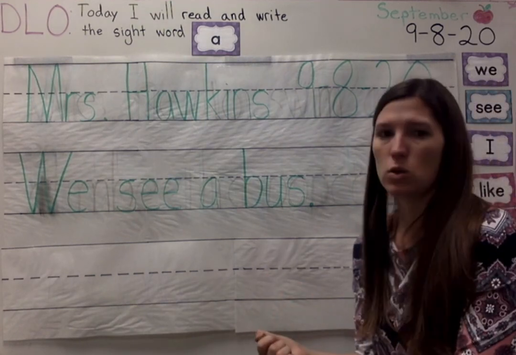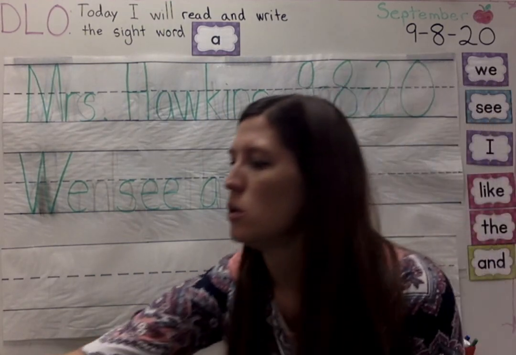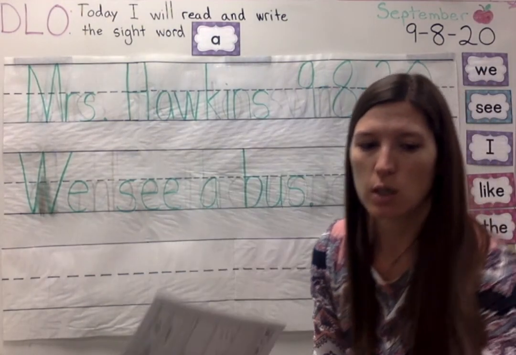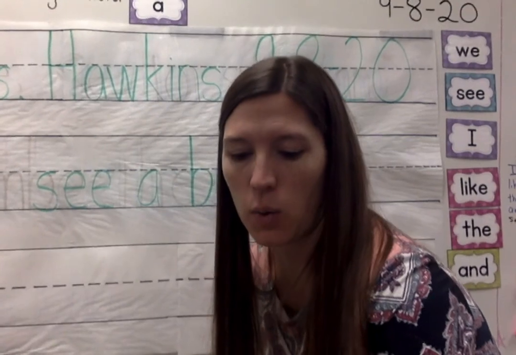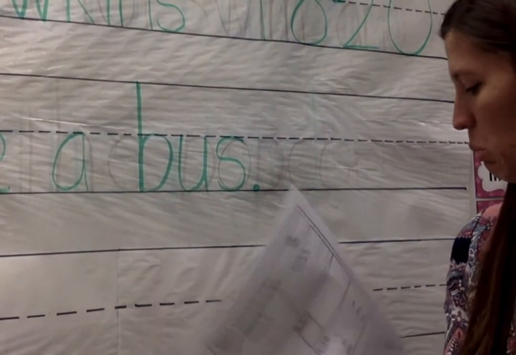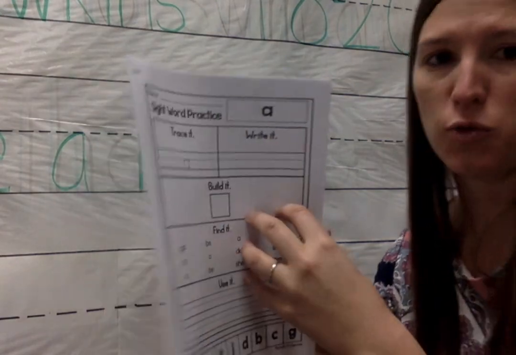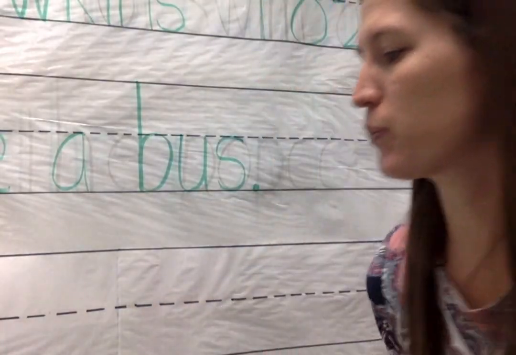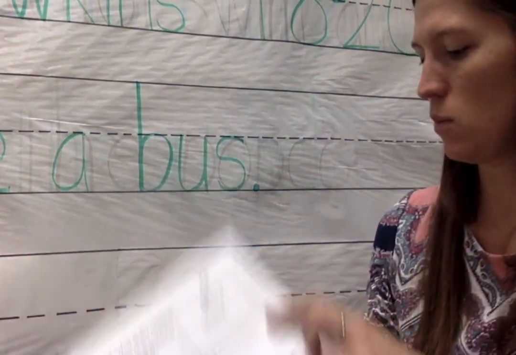Now, you will be copying this sentence onto your worksheet. I'll scoot up. I'm not going to have time to show you the entire worksheet, but I'll do the highlights. Don't forget to take your worksheet, tear it off, put these to the side.